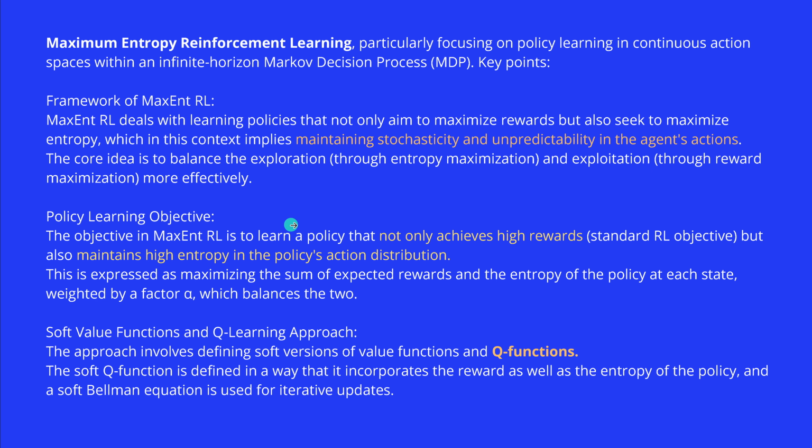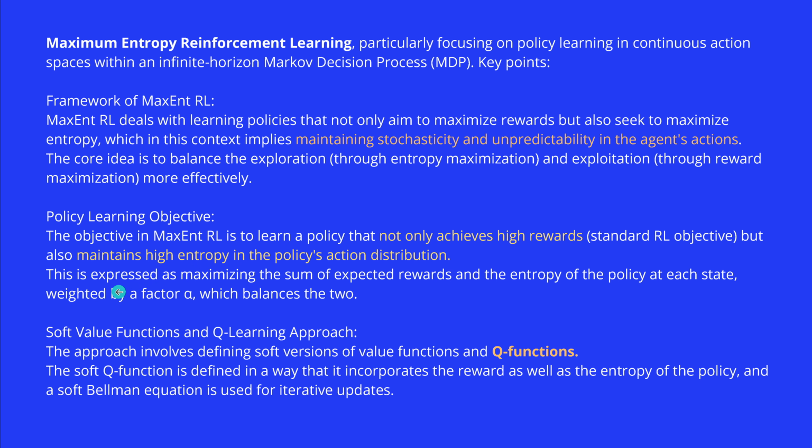So the objective now is to learn a policy that not only achieves one of them, for example higher rewards, this is the standard reinforcement learning objective, but also maintains a high entropy in the policy action distribution. Again, stochasticity and unpredictability in the agent actions.